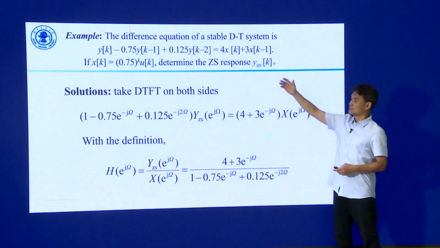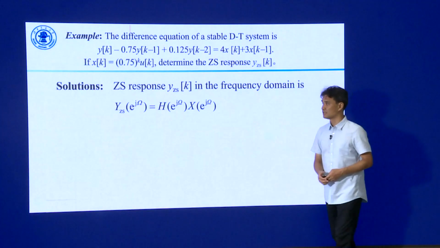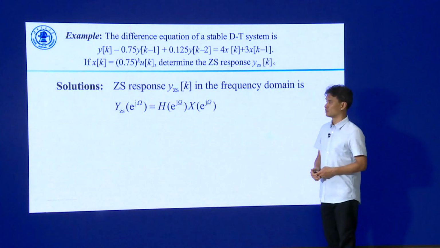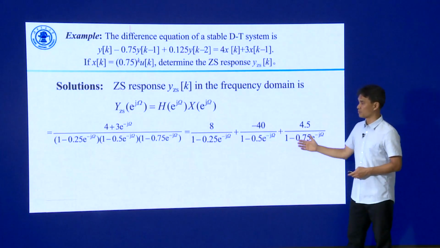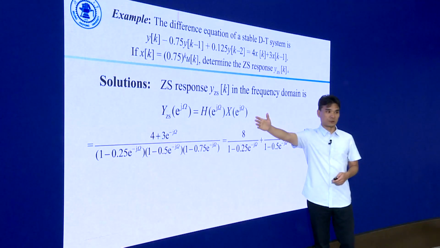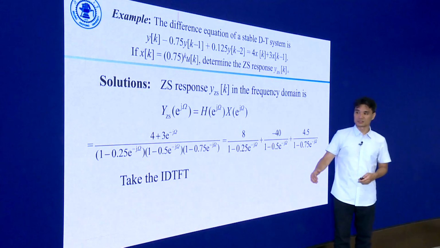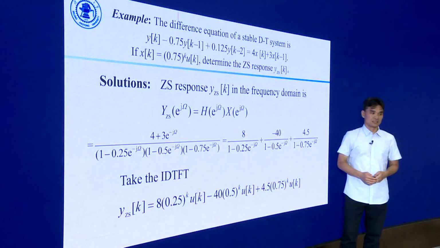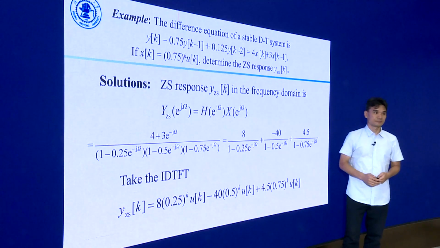Then the zero-state response is the multiplication of the frequency response and the input signal in the frequency domain. And here is the partial fraction decomposition of the zero-state response Fourier transform. And we take the inverse discrete time Fourier transform to get the zero-state response in the time domain.